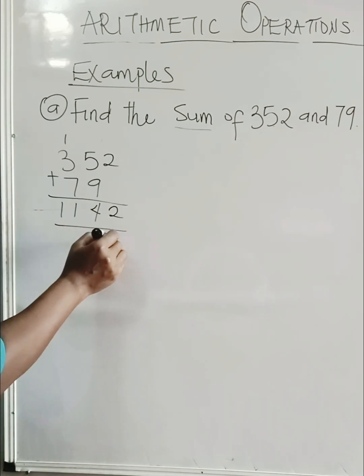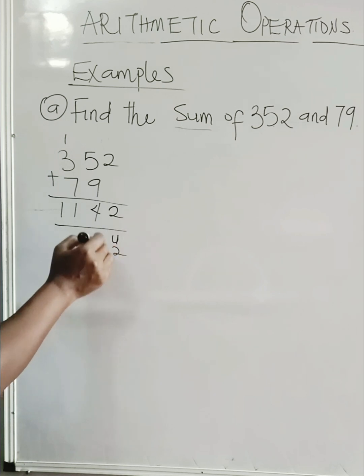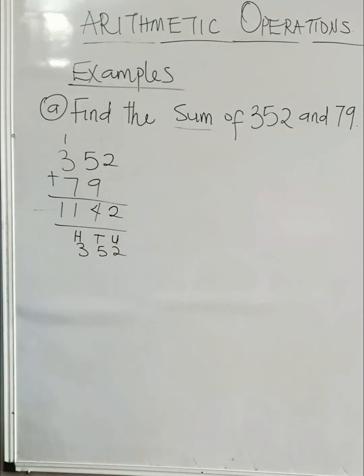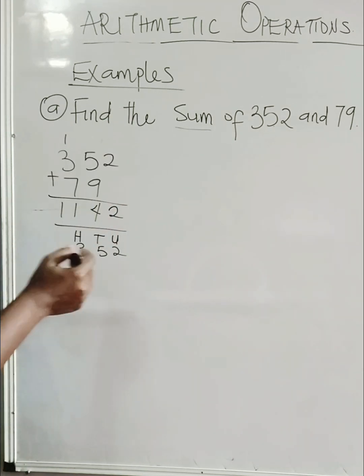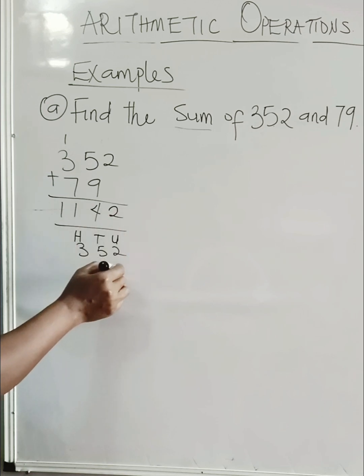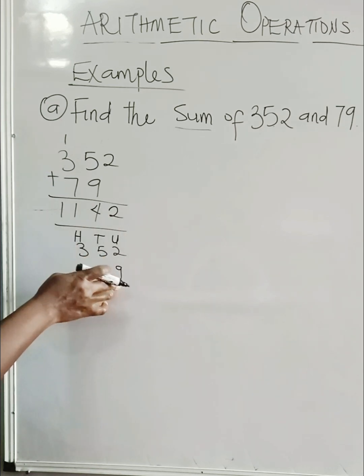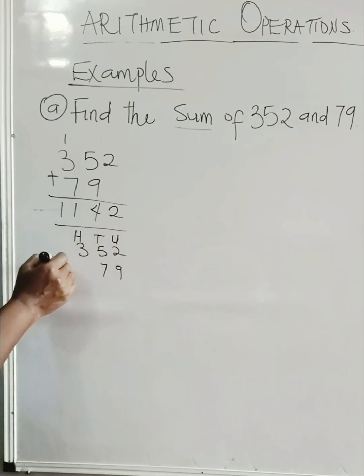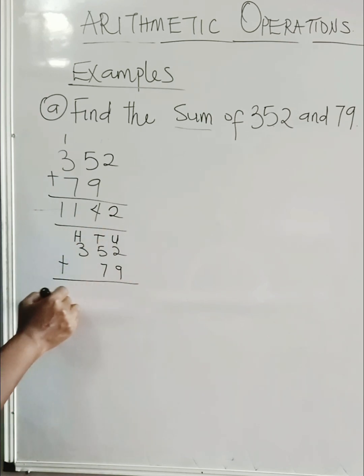Let's signify that this is the ones place, that's the unit, this is the tens place, and this is hundreds. Now we have 79, and if we arrange it according to the place value, our 9 will be under 2 because our 9 is in the ones place, and our 7 will be in the tens place under 5.